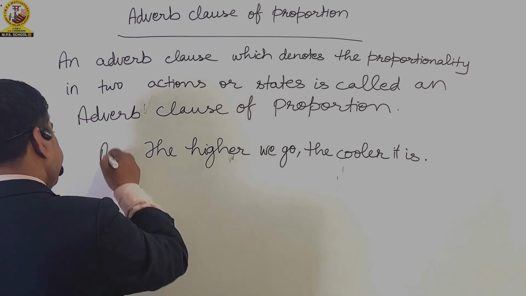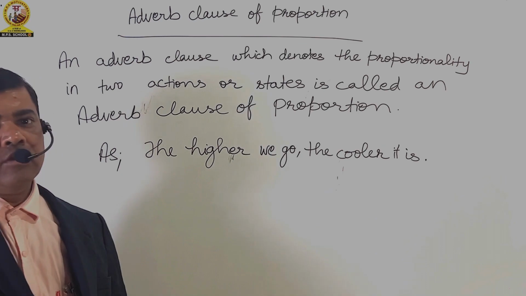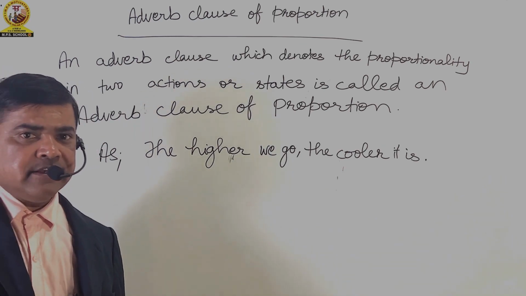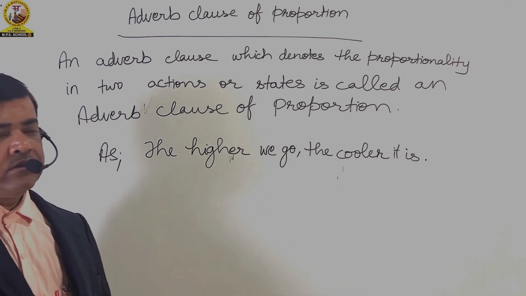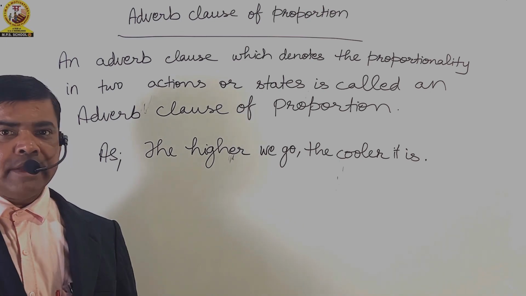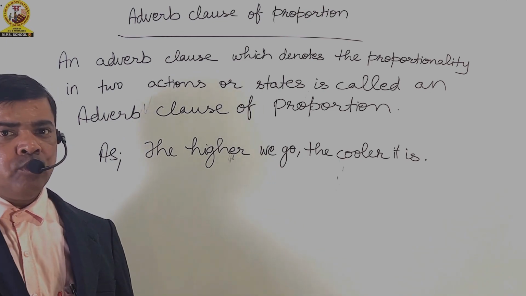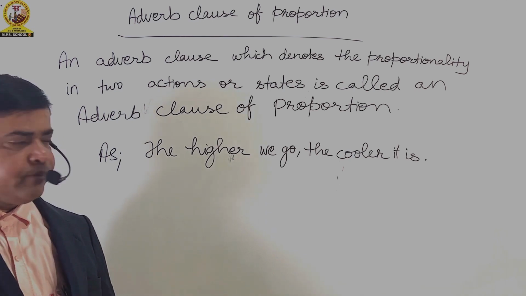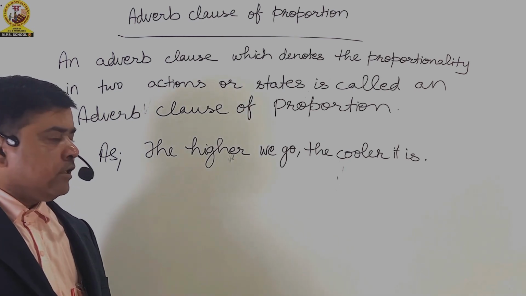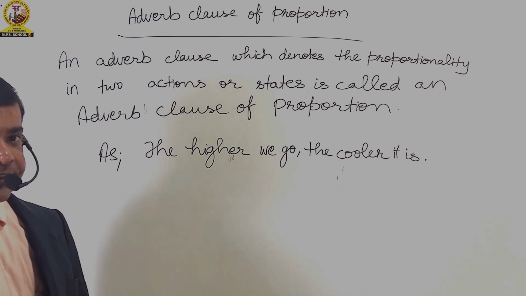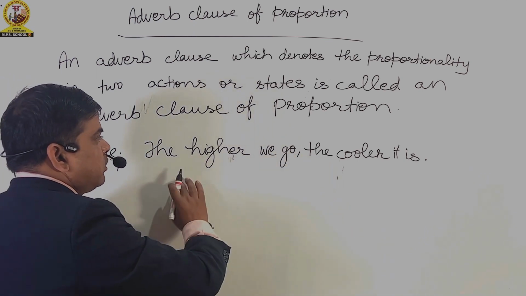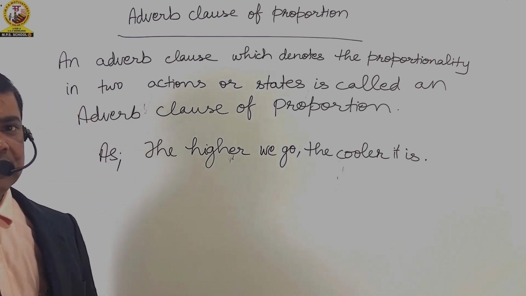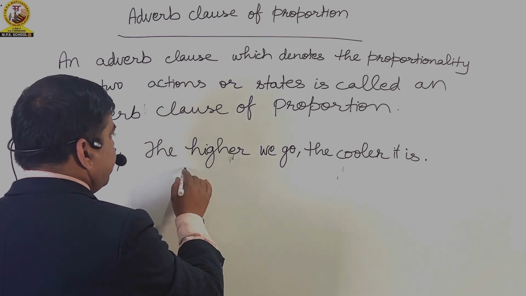Friends, I have taken a sentence as an example to make you understand what is an adverb clause of proportion in a better way. The higher we go, the cooler it is. We see that in both the parts of the sentence, there is one comparative degree.